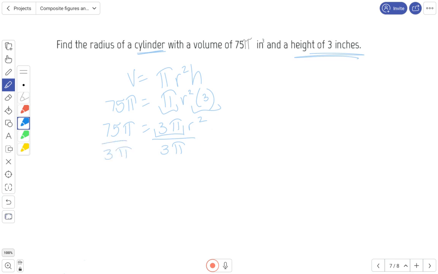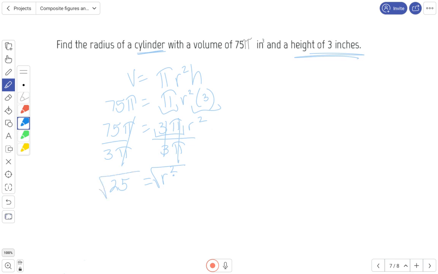So on the right side, pi's divide out, 3's divide out, and I'm left with r squared. On the left side, pi's divide out, and 3 goes into 75, 25 times. Now, I still don't have r by itself. I need to get rid of the squared. The opposite of squaring something, remember, is to take the square root of it.